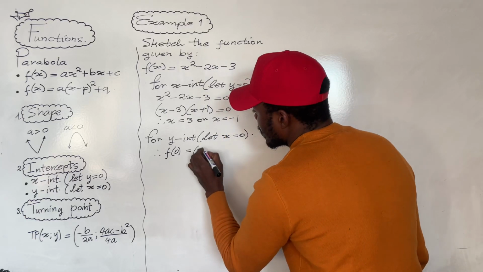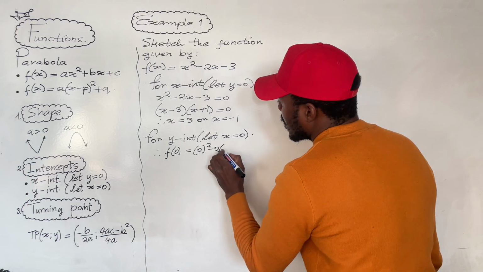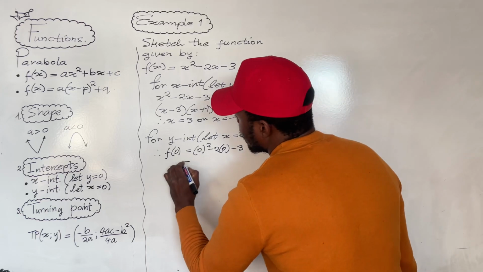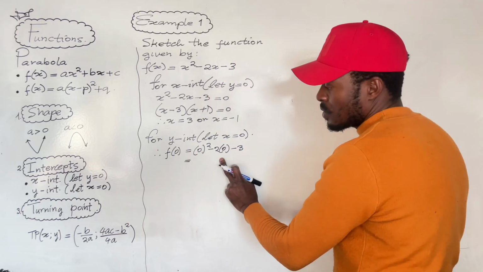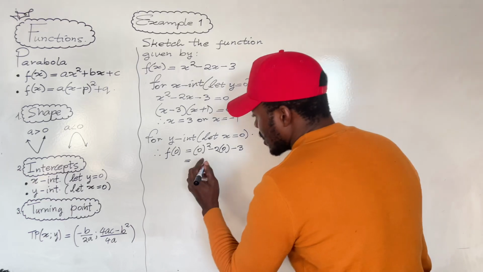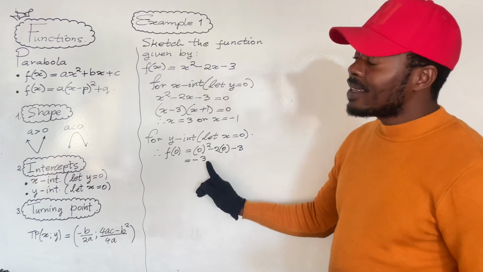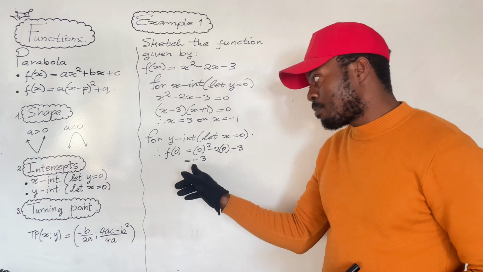So we have 0 squared minus 2 times 0, and then minus 3. When you punch your calculator, 0 squared is 0, minus 2 times 0 is 0, and we have minus 3 as the final answer. So this means our graph cuts the y-axis at minus 3.